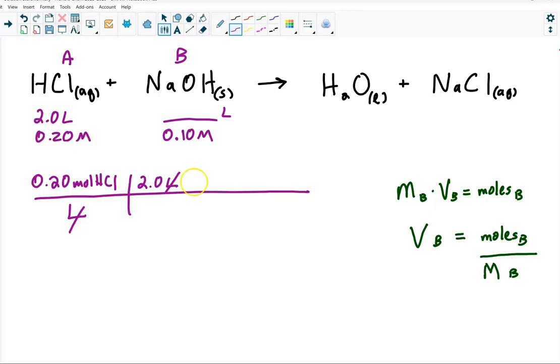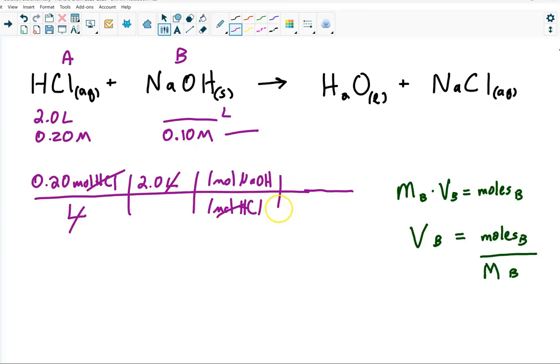Okay, now it's time for the mole ratio. 1 mole of NaOH over 1 mole of HCl. Now moles of HCl cancel, and I'm left with moles of B. Well, I have moles of B, and like I said, I take the moles of B, using this equation, and I divide it by the molarity. I know the molarity. It's 0.10.